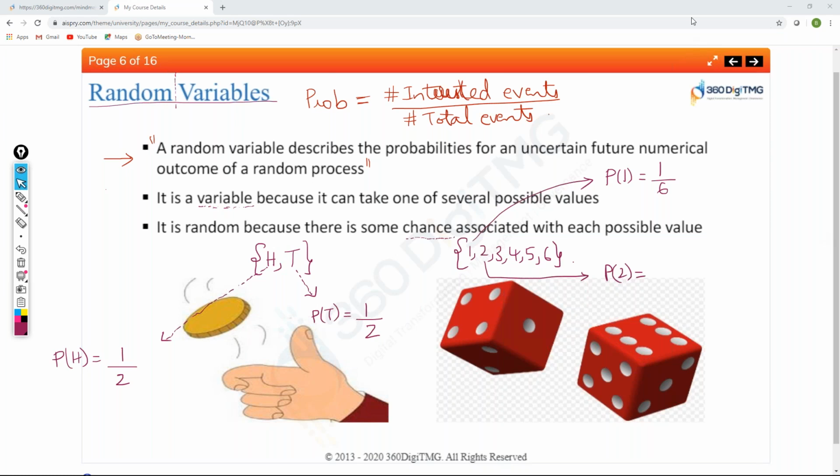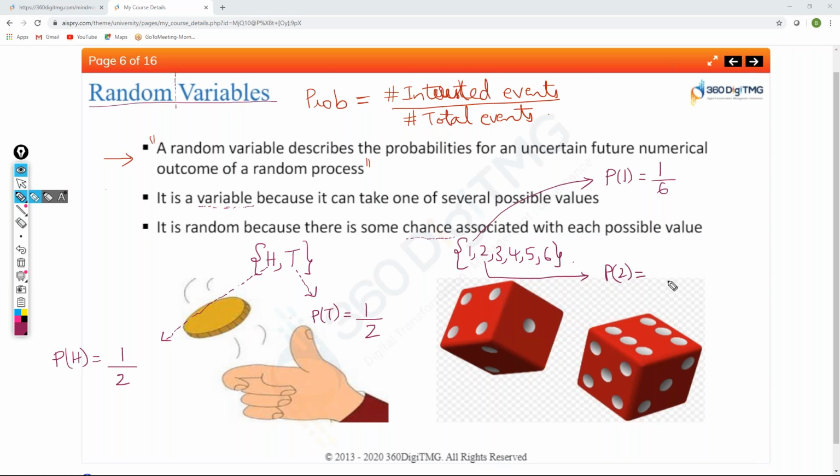1/6. Okay. So usually I hear 2 responses, 2/6 and 1/6, right? But let's understand that. Number of interested events. Are you interested in a single event called 2, or do you have 2 events here? 2 and 3 would mean you have 2 events. If you're speaking about a single event called 2, it's 1 event.